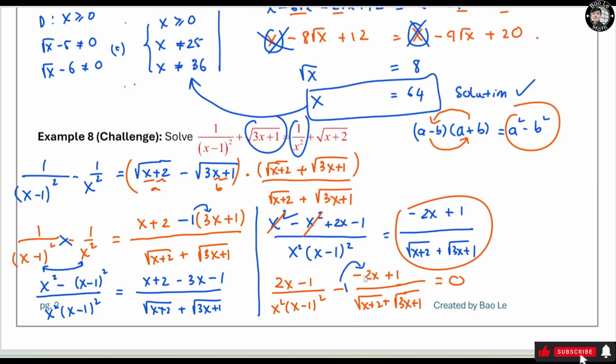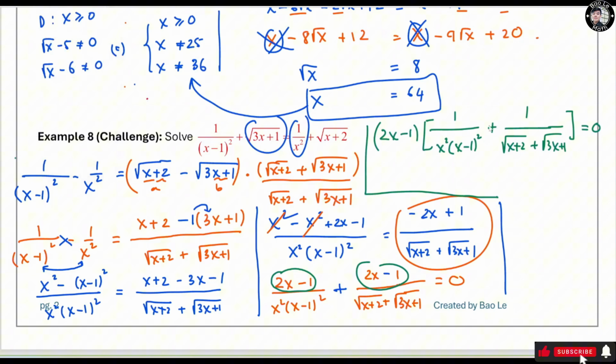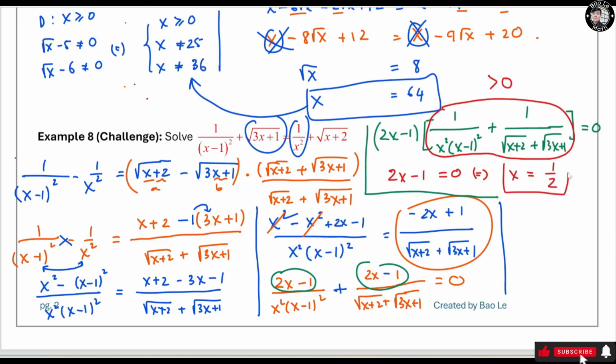So does that mean I get 2s minus 1, right? Now I'm going to factor 2s minus 1 out. So now this one is the zero product. Each of these must equal 0, right? But this guy right here is always greater than 0, right? So you only need 2s minus 1 equals 0. That's it. So s equals 1 half, right?